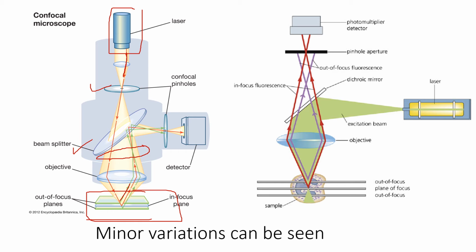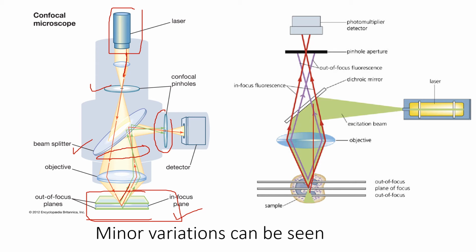Here in this dichromatic mirror, all the reflected light rays get eliminated and only fluorescent light coming from the specimen reaches the confocal pinholes. If you see here, the reflected light rays get eliminated with the help of the dichromatic mirror and only fluorescent light passes through it and hits our confocal pinholes.